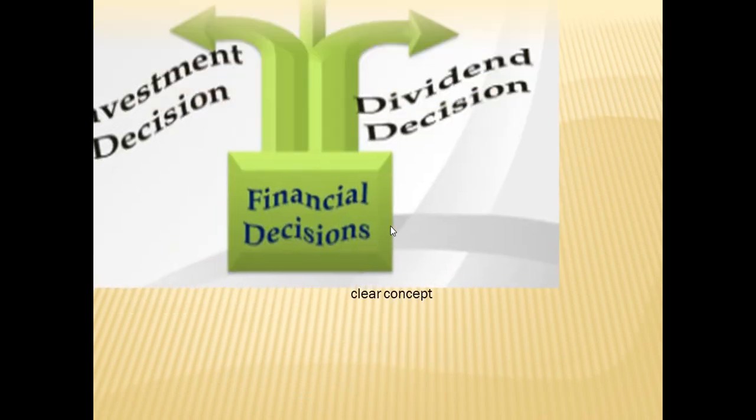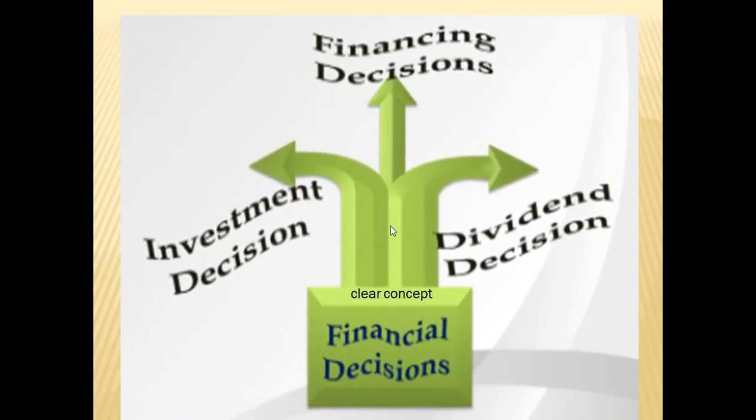And even we are going to cover the financial decisions. Basically, there are three types of decisions like investment decision, financing decisions, and dividend decisions. I'll be explaining you all these decisions in detail in the next lecture.